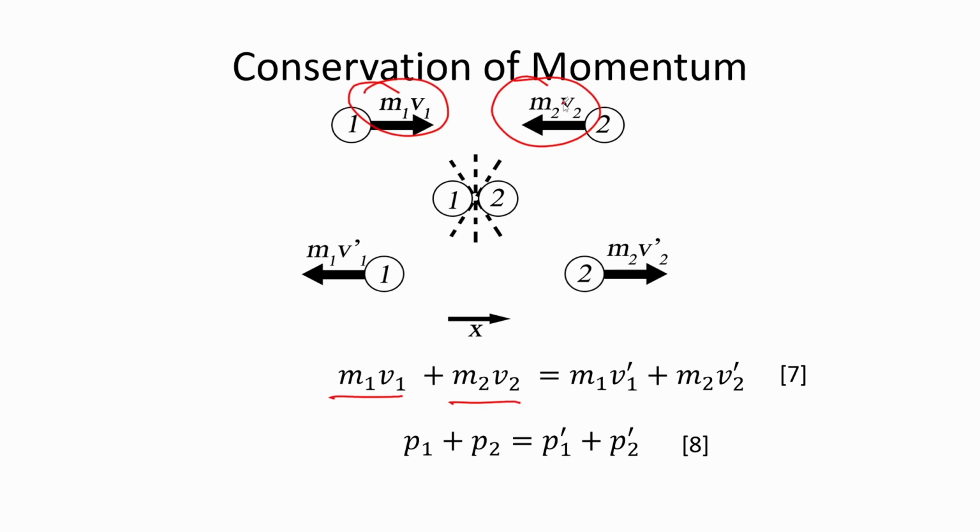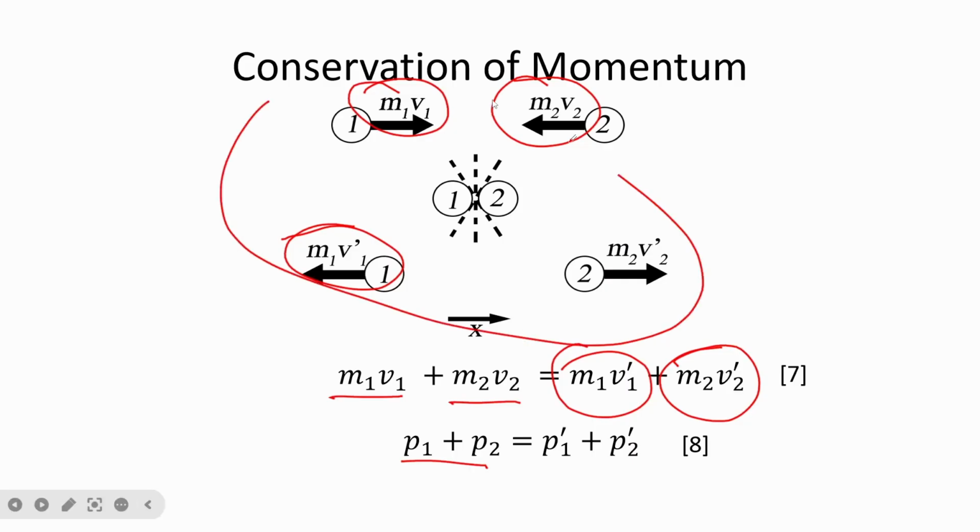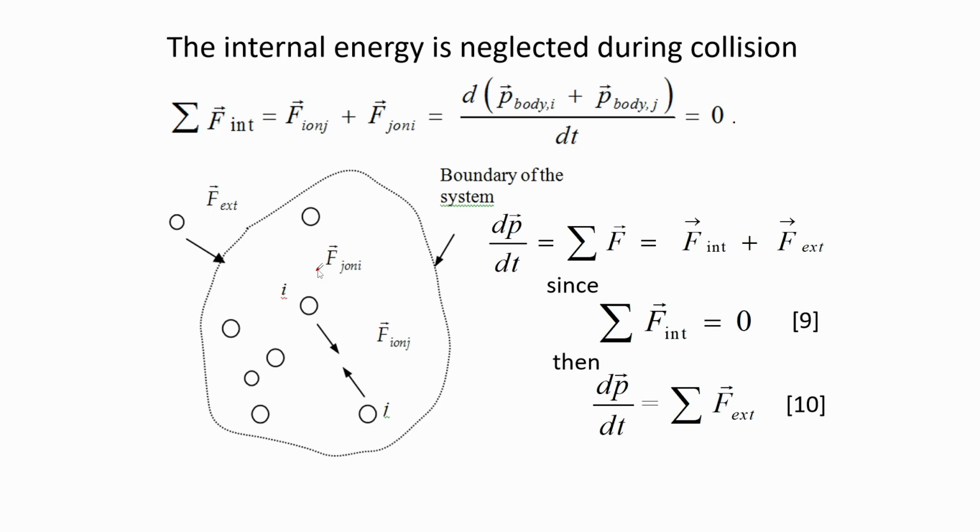This is equal to the after event, so it's equal to m1 v1 prime plus m2 v2 prime. So this is momentum p1 plus p2 is equal to p1 prime plus p2 prime. This is the expression that describes this phenomenon.